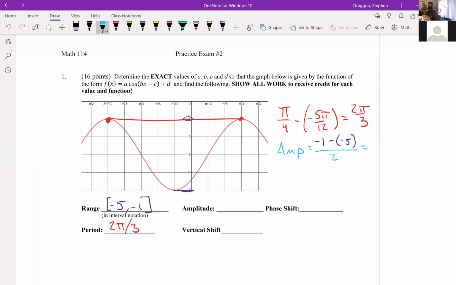Works out to 4 over 2, which is +2. The vertical shift will be -1 plus -5, or just -1 minus 5, and that works out to be -3.